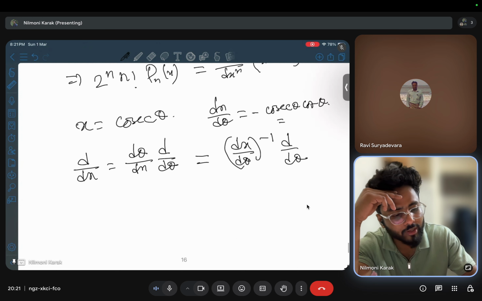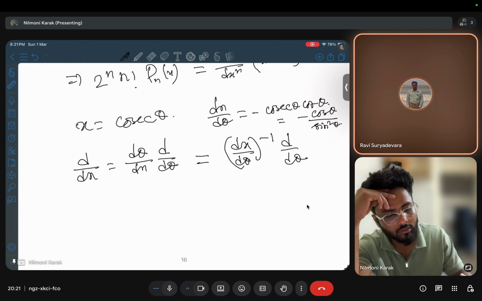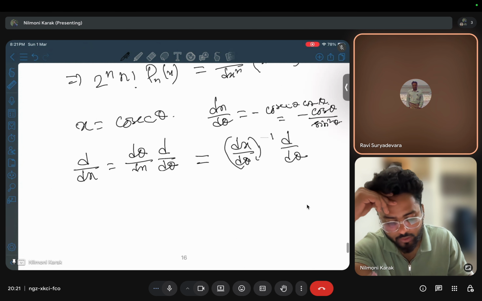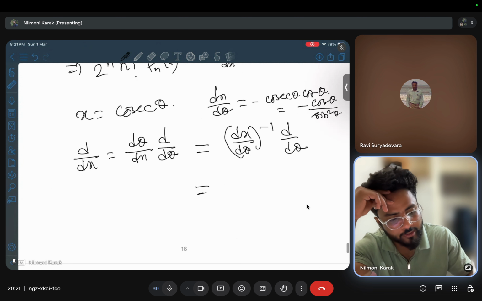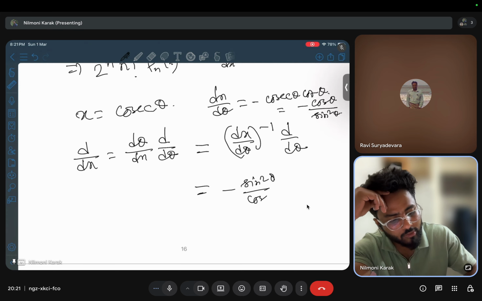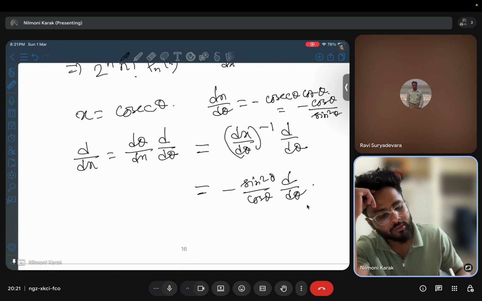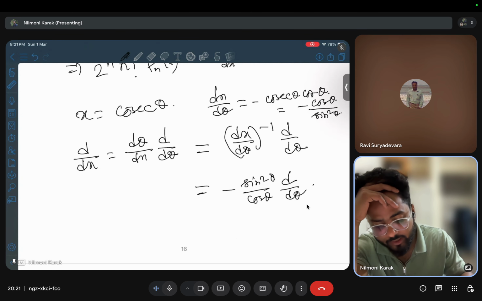Yes, you are right. We can write it as cos theta by sine square theta. So this is dx/d theta, and d theta/dx is minus sine square theta by cos theta. Now is it correct?